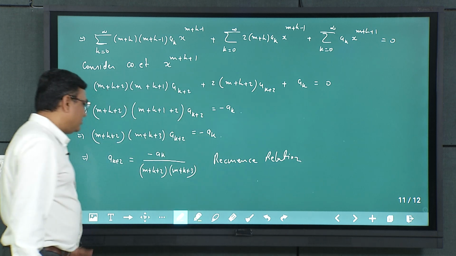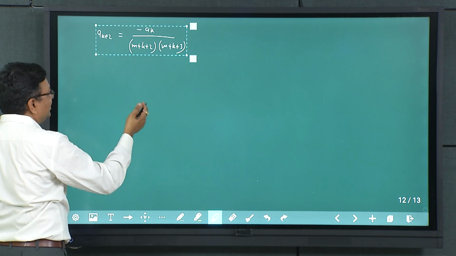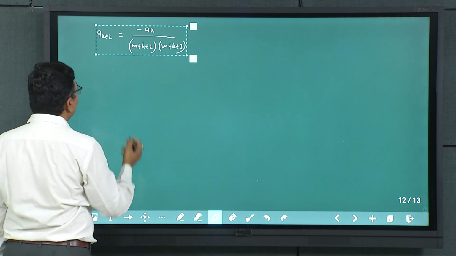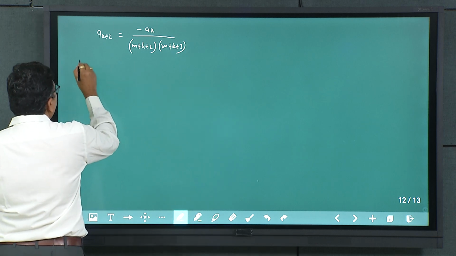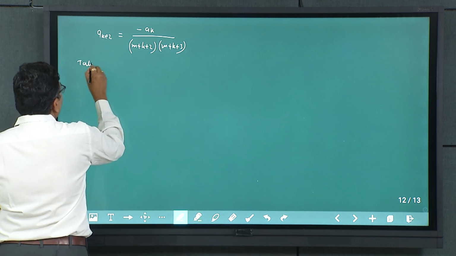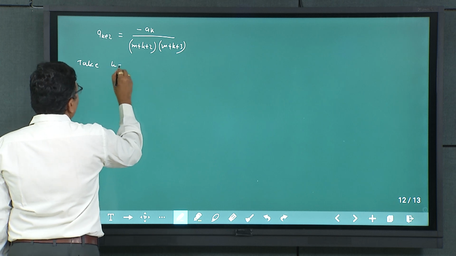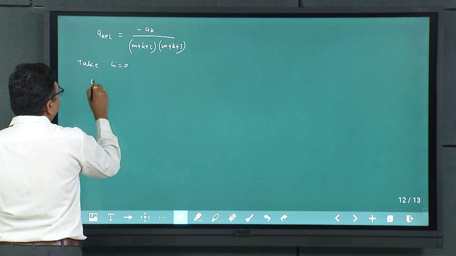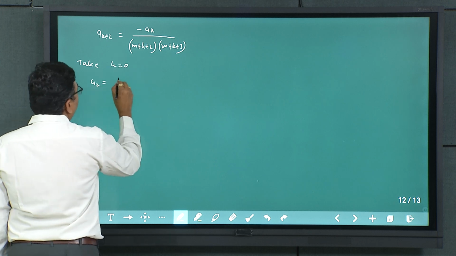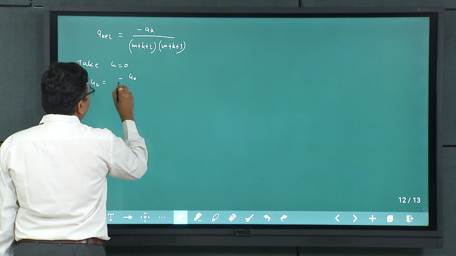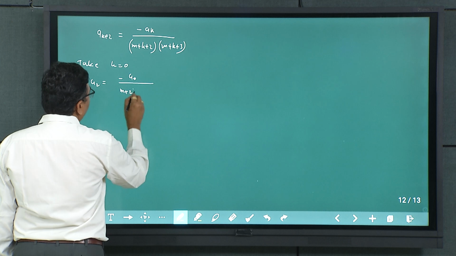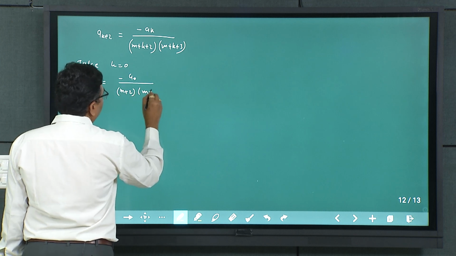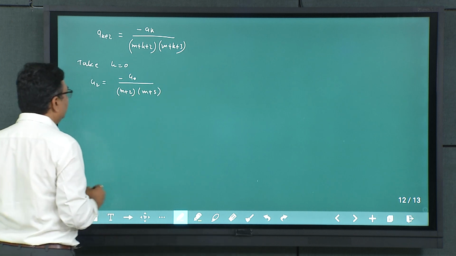Okay, so this will be my recurrence relation. We know A0 and A1 are arbitrary constants, so we need A2. So start with A2. Take k is equal to 0 here. So we get A2 is equal to minus A0 upon m plus 2 into m plus 3, right.